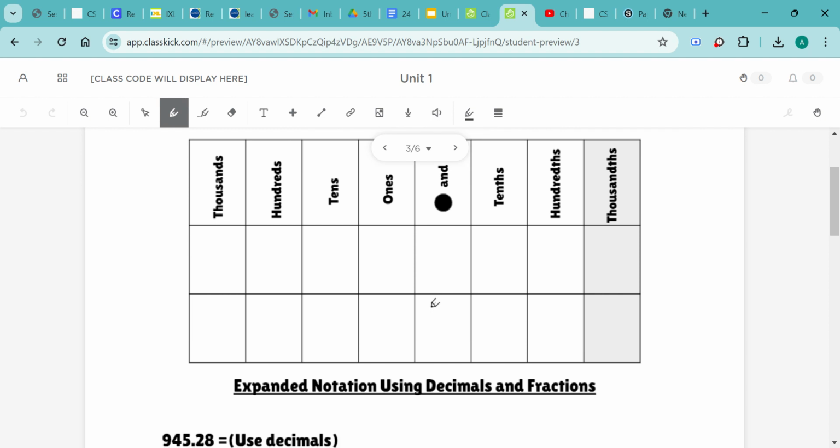So what's happening to every digit in these place values? Whenever I have a number in the thousands place, say I have 5, that number is really just being multiplied by 1,000.